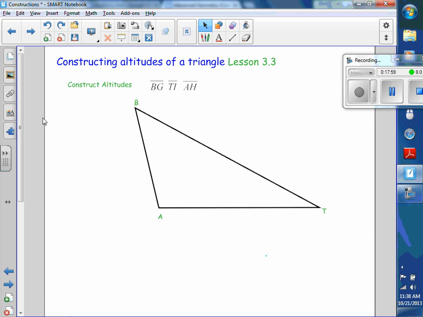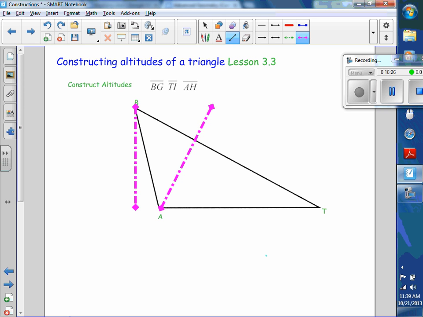When you look at the triangle, imagine that you remember from last year finding area. You always have to use the height outside the triangle, right? So you're going to be making an altitude outside the triangle if it's obtuse. If it's not obtuse, you would make the altitude inside the triangle.